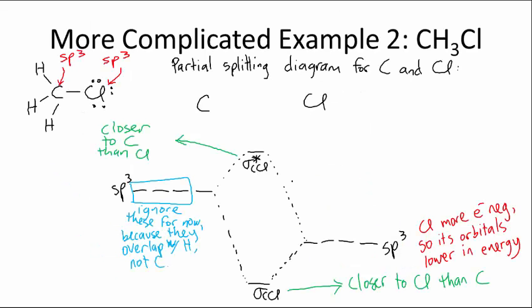All right, so going back to this splitting diagram that I drew. I just considered the sp3 orbital from each atom overlapping with each other. That made a bonding orbital and an antibonding orbital. 2 electrons would go into that bonding orbital.